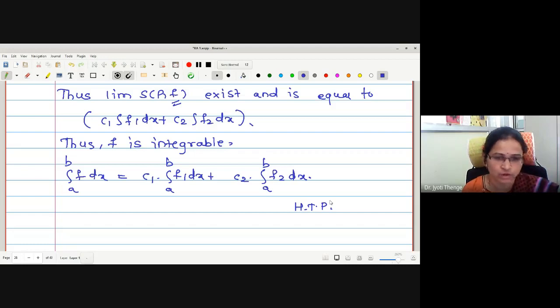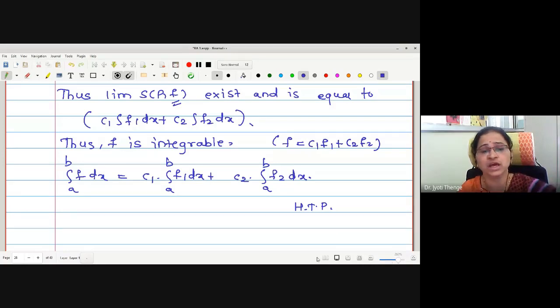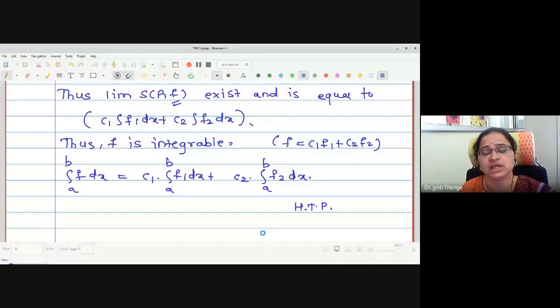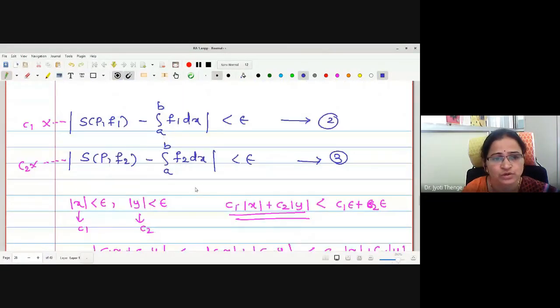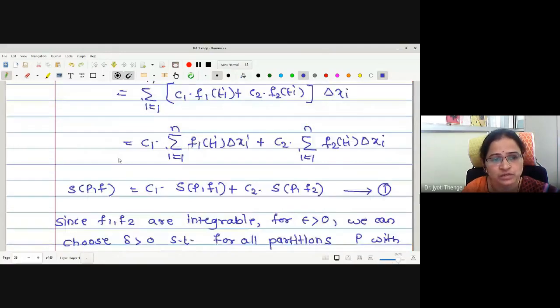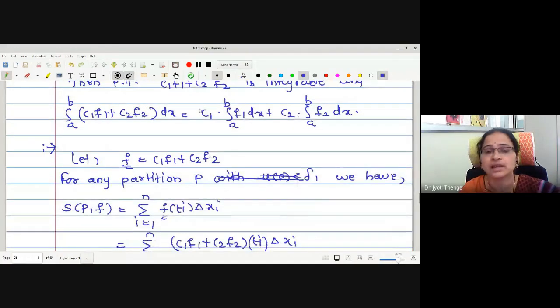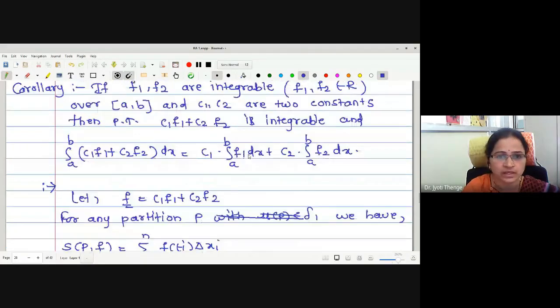Therefore, we have proved f is integrable, where f is c1 f1 plus c2 f2. The corollary of the theorem has been proved using Riemann sums, or the second definition of integrability: the integration of a linear combination of two functions is the linear combination of the corresponding integrations. We have completed the proof of the corollary.